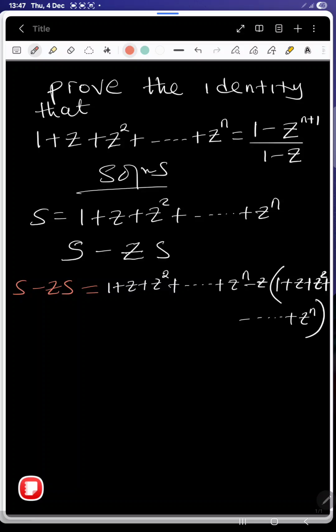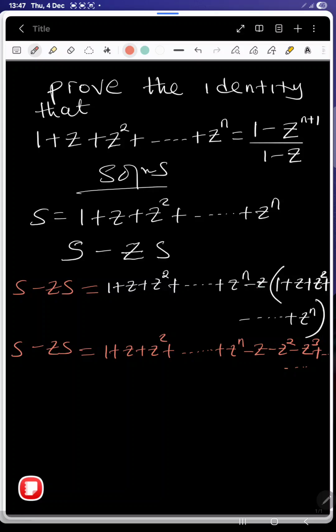So if we are to do that, we are going to have s minus zs is equal to 1 plus z squared plus dash dash dash plus z to the power n, minus, we now multiply the negative z times 1, we get negative z, and then negative z times positive z, we get minus z squared, and then negative z times positive z squared, we get minus z to the power 3, and then plus dash dash dash, we also multiply negative z times z to the power n.